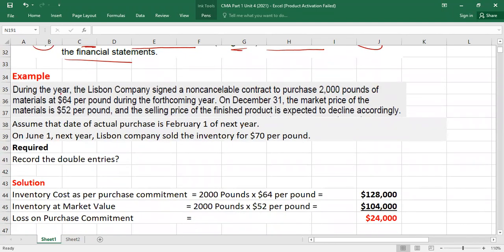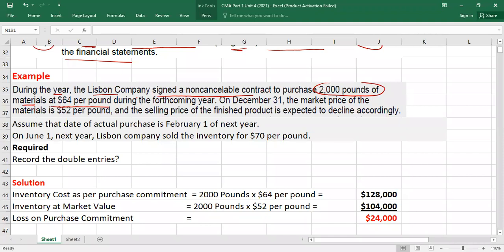For example, during the year, the company signed a non-cancelable contract to purchase 2,000 pounds of material at $64 per pound. This is the purchase price which you have agreed. How many pounds are you going to buy? 2,000.